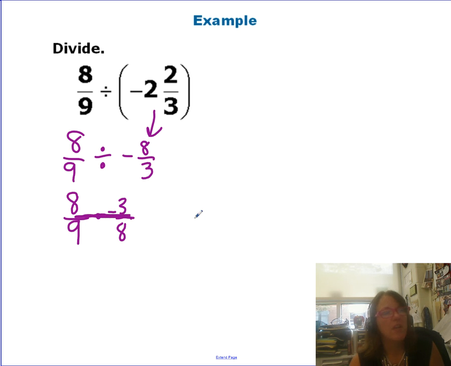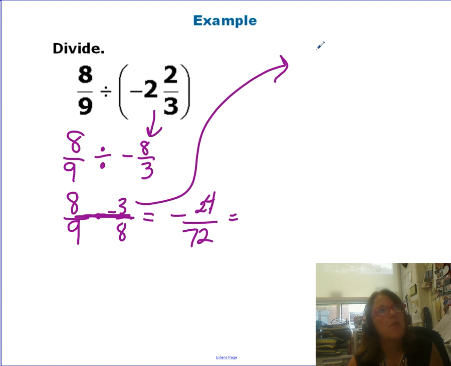Sweet. Okay, now if you really want to multiply straight across, and you're going to say my answer is negative because I have a positive and a negative, and then I get 24 over 72, and then you're going to have to keep simplifying that, knock yourself out. But I would rather come over here and say 8 times 3 on the top.